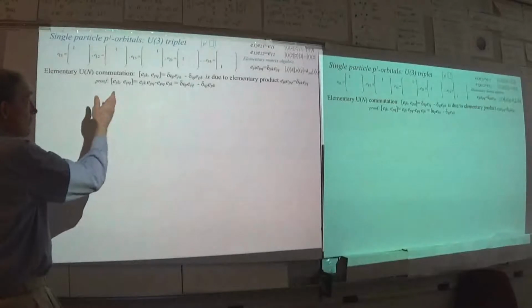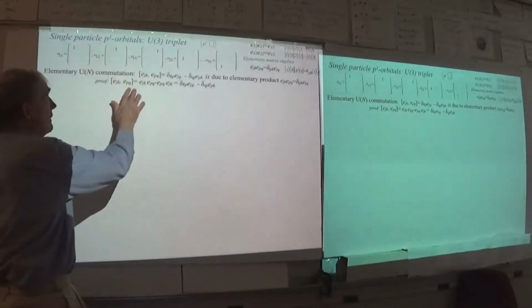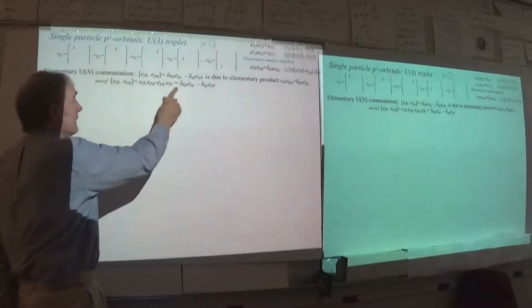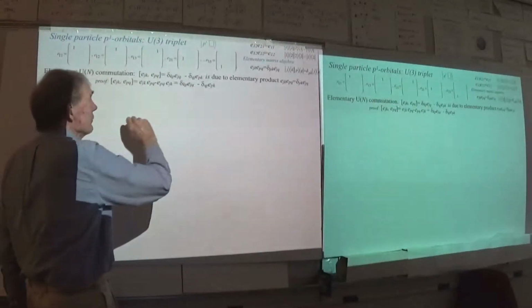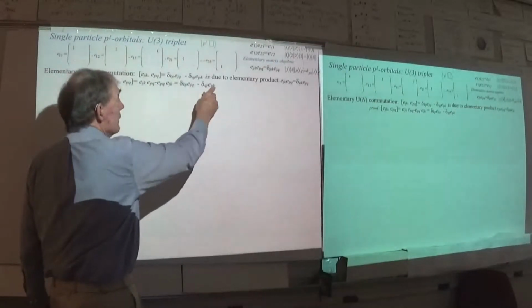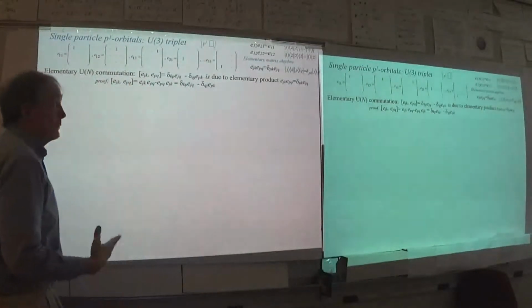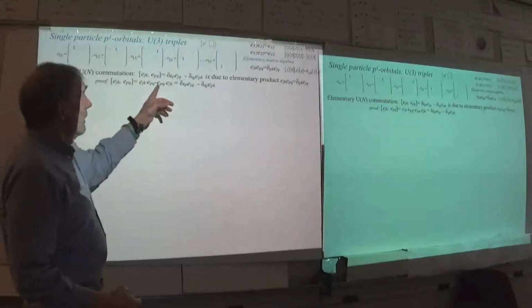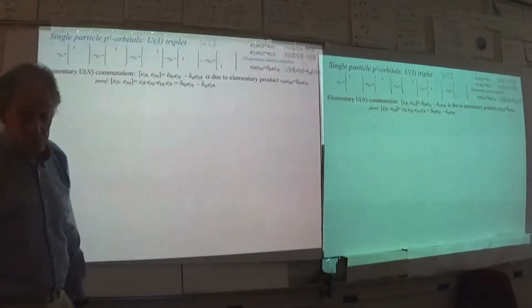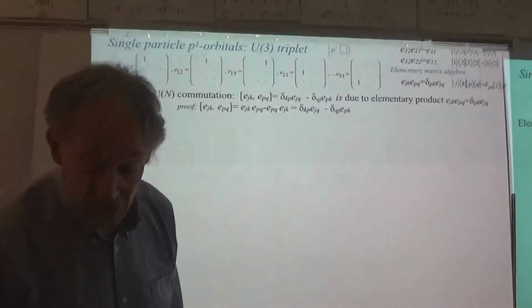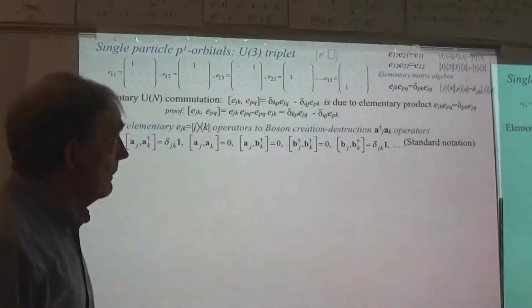So the proof of this is just to write out this commutator right here, and then notice that you get a delta Kp right here. That's the first term, and then minus the one with Qj. And so you're getting two elementary operators back again from a commutator. Anyway, this is very important for Lie algebra. Lie algebra is essentially an algebra of commutators. And we've seen a little bit of that already.